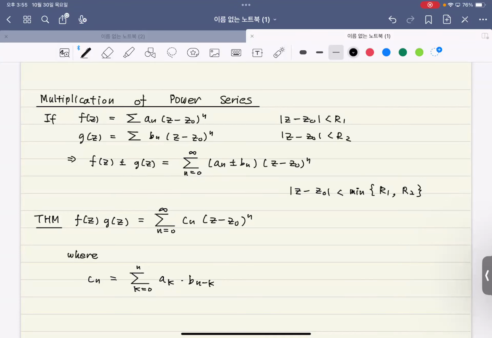So in other words, the Taylor series of the product of two functions is also very easy. How do you get such a coefficient Cn? You multiply two infinite degree polynomials and write them in descending order, and you get these coefficients. That is the point.